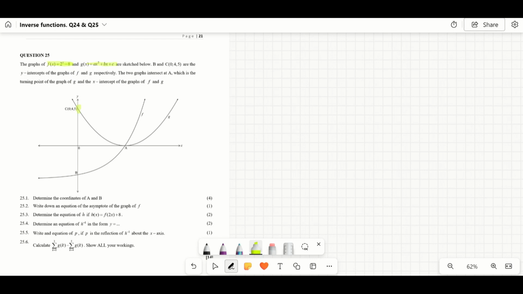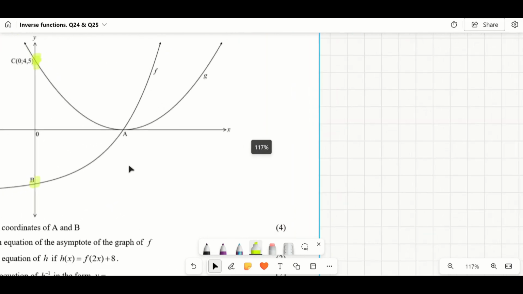So b is the y-intercept for f, and c is the y-intercept for g. Remember, for every y-intercept, x is equal to 0. I think it's worth remembering.